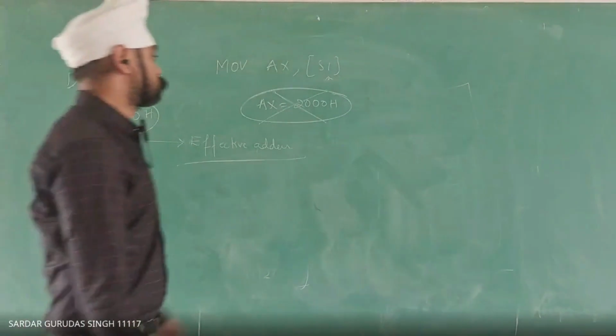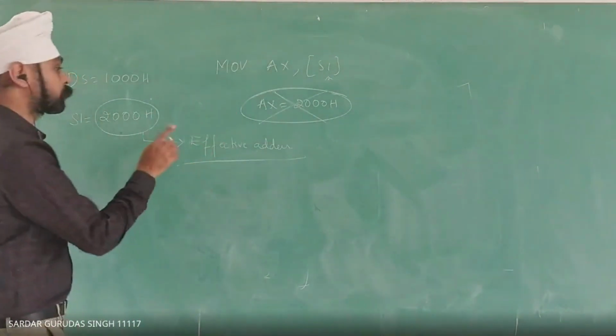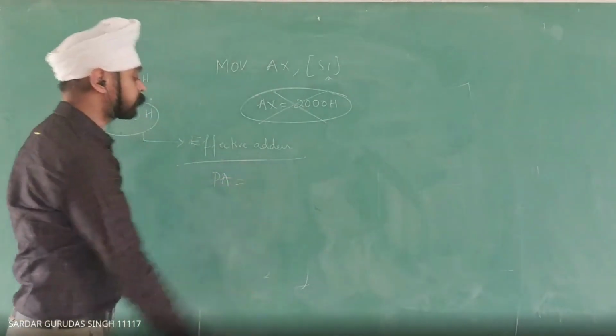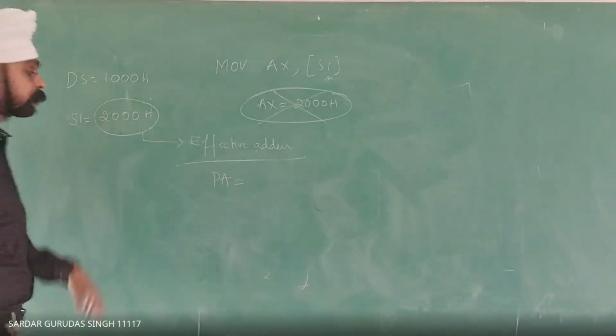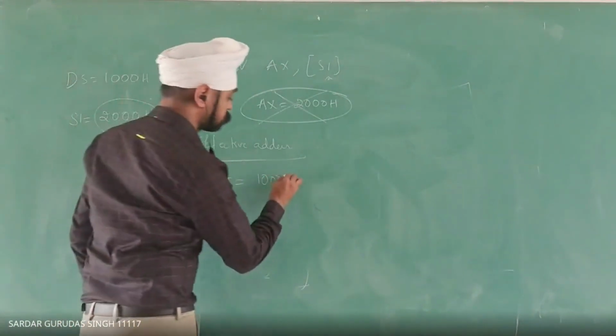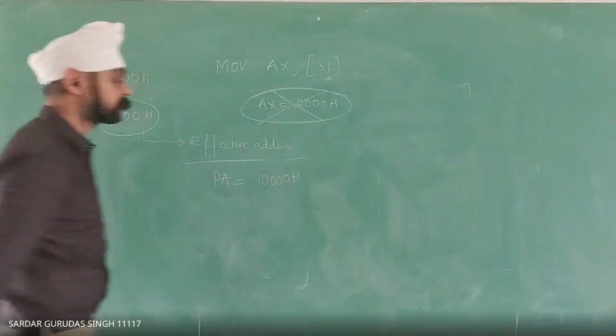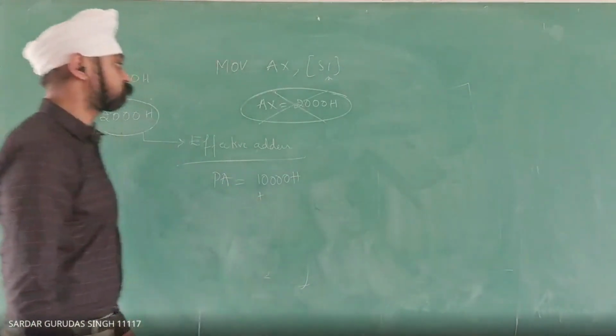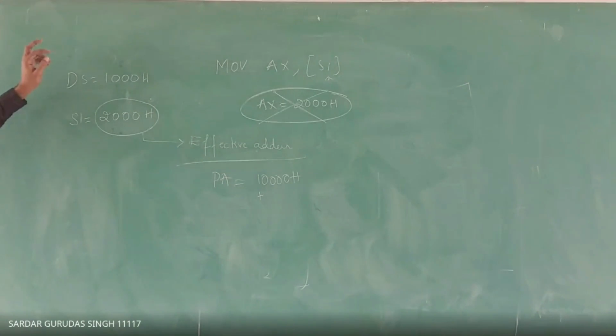So first of all, what you need to do? You need to calculate the physical address. How will you calculate? Starting address, that is 1000 into 10, nothing but 10,000H, plus the effective address. What is the effective address now?